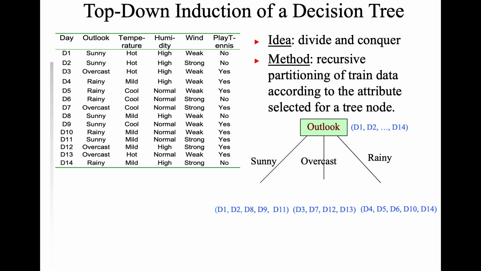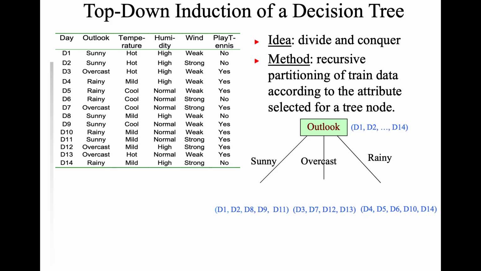We could start from temperature, humidity, wind, etc. Now, which rows here have the outlook sunny? What attributes do we have here? We have outlook, temperature, humidity, wind, and play tennis.